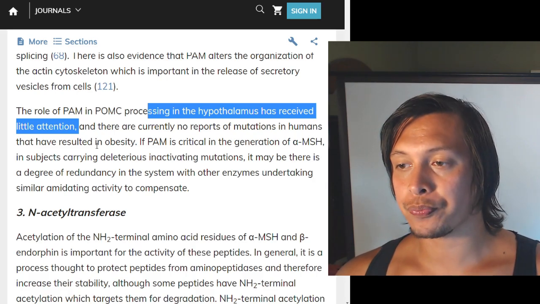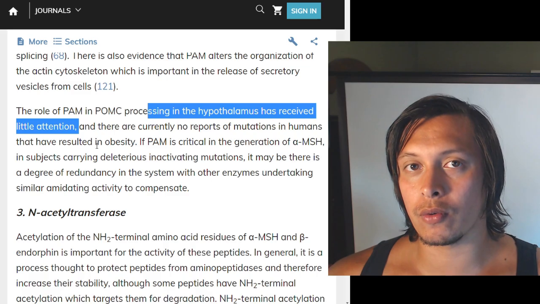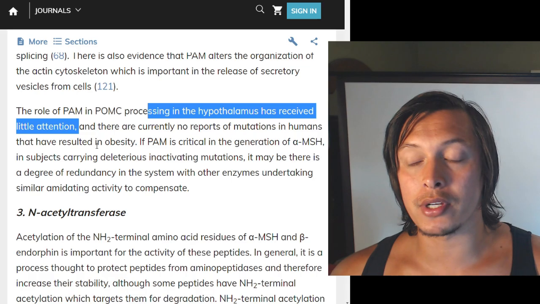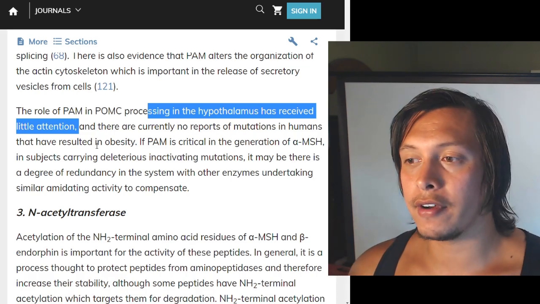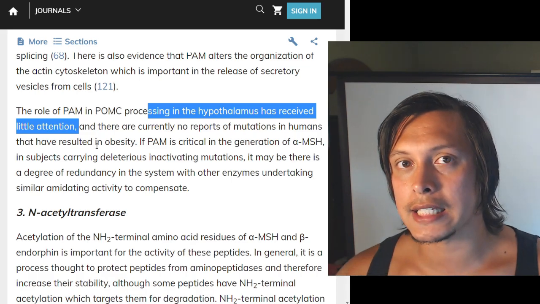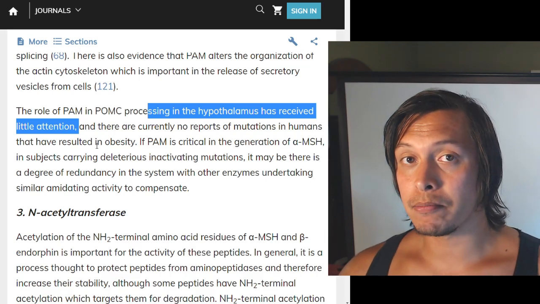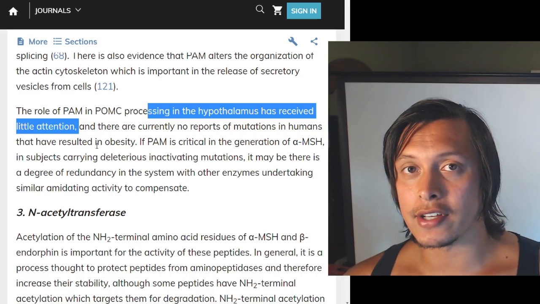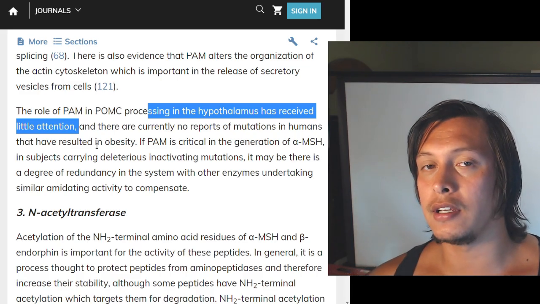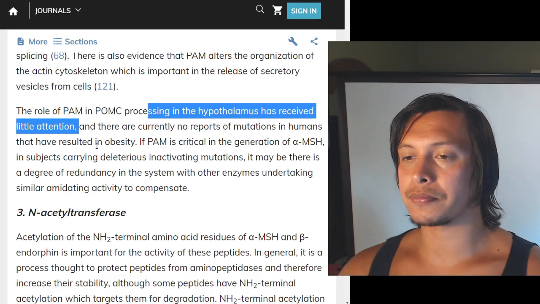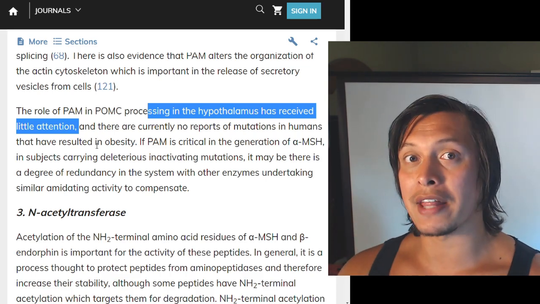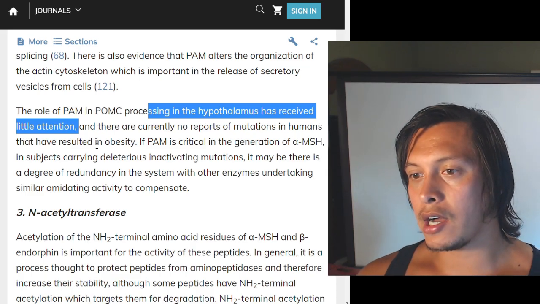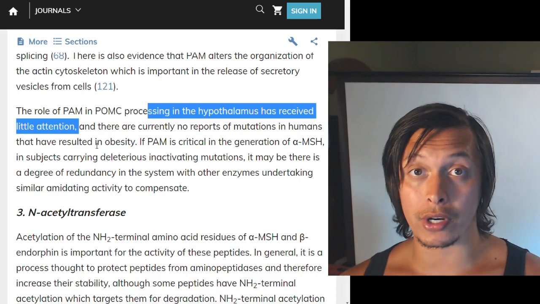So remember, if rodents, and I presume people as well, do not have the ability to produce alpha melanocyte stimulating hormone, and part of that could have been done from a PC2 mutation, then obesity is one of the typical side effects or pathologies. So if PAM is critical, well, here we're saying PAM is not critical for this.